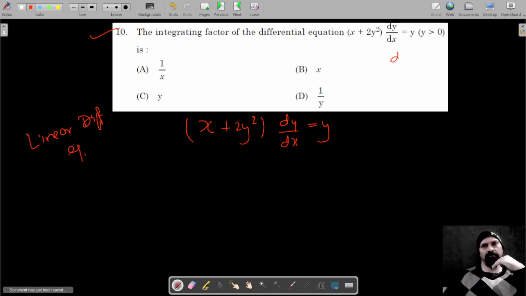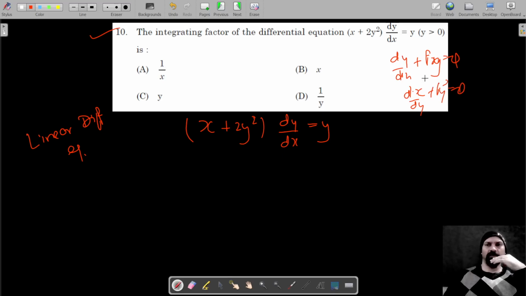These are either of the form dy by dx plus Px is equal to Q, or dx by dy plus Py is equal to Q. Let's try to get into one of these forms.